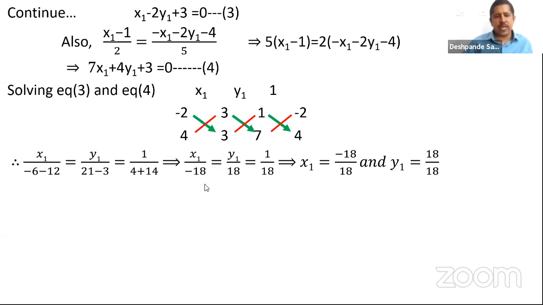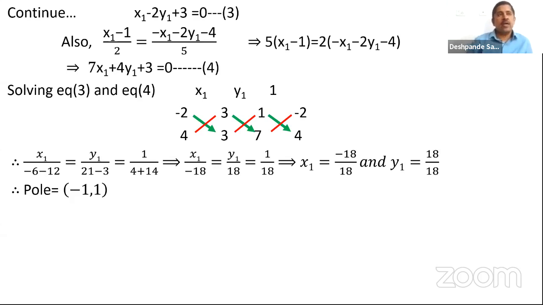So minus 6 minus 12 is minus 18, 21 minus 3 is 18, 4 plus 14 is 18. So you can write x1 is equal to minus 18 by 18, y1 is equal to 18 by 18. So when you simplify this, you get the value of x1 as minus 1, y1 as 1. So the point x1, y1 you have called the pole. So the pole is (minus 1, 1).